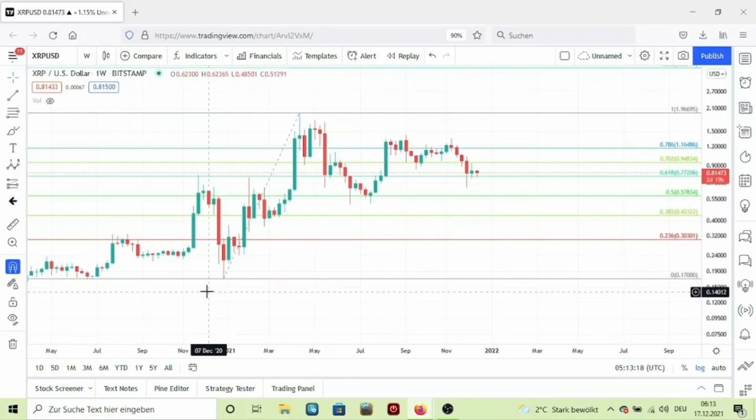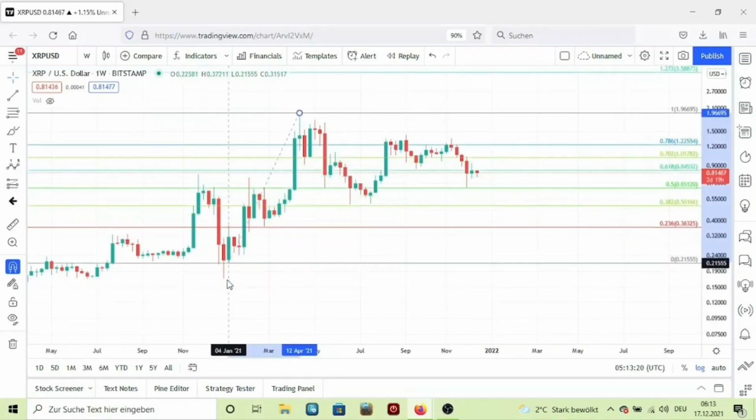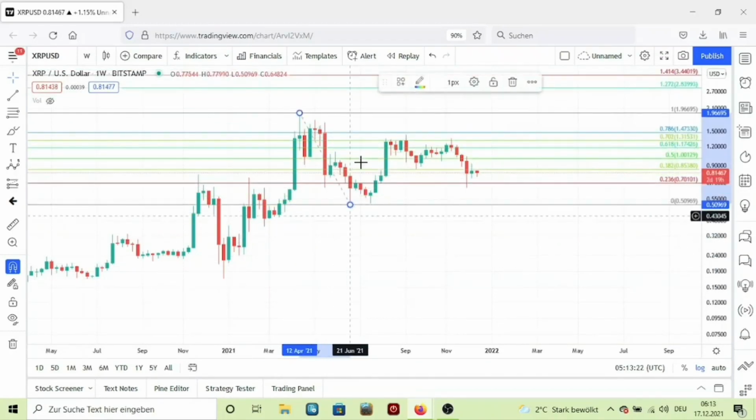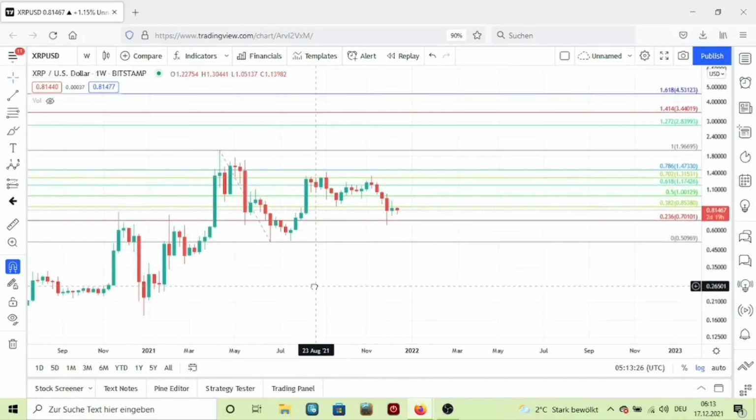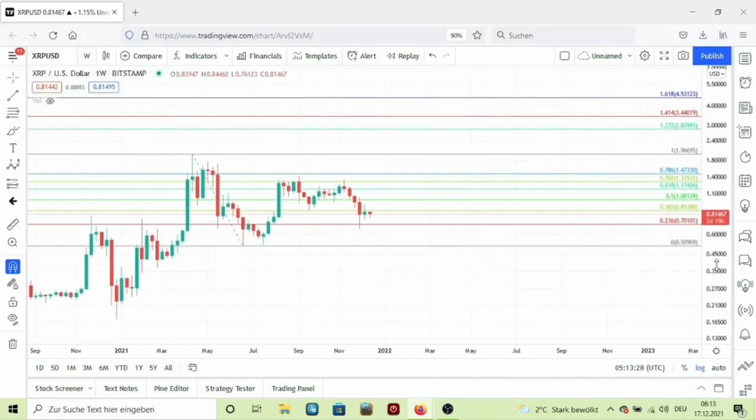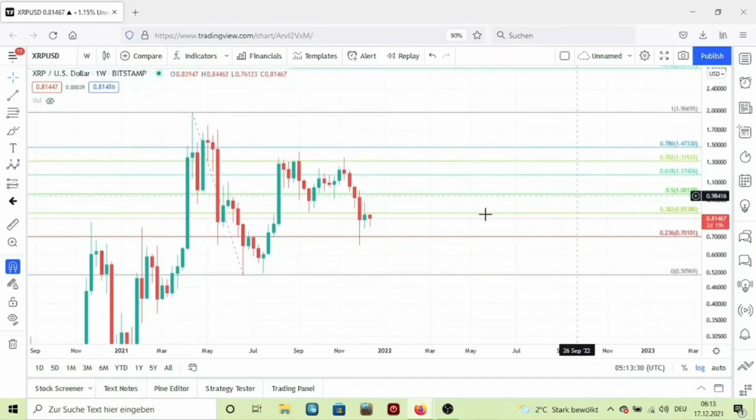If we assume that this was our bottom, then we get this. So this would have been wave 1 of 3, 2 of 3, and now this move here is part of 3 of 3.